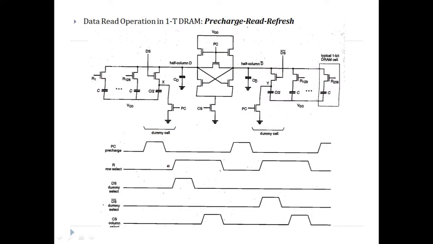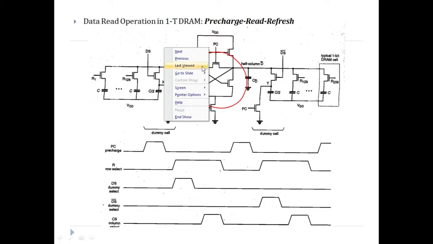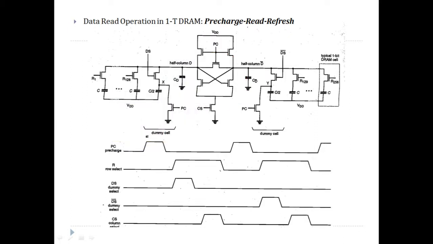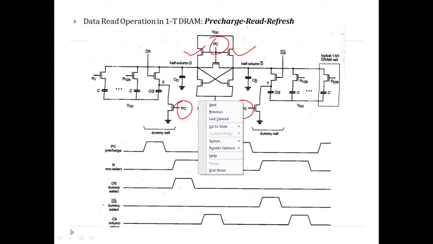The voltage on these capacitances, or the data stored in these cells, can be read by using a cross-coupled latch. We'll see how this works, but this is a cross-coupled latch. There are two pre-charge transistors which are controlled by the PC signal. The same PC signal also controls these two transistors.